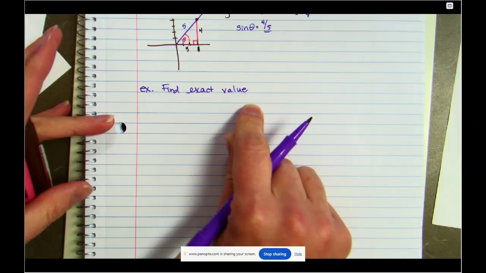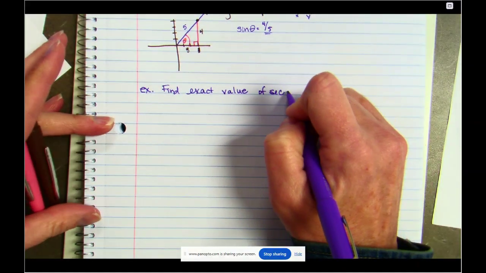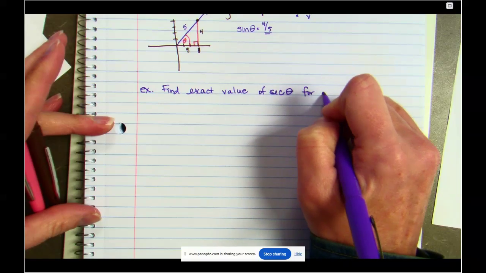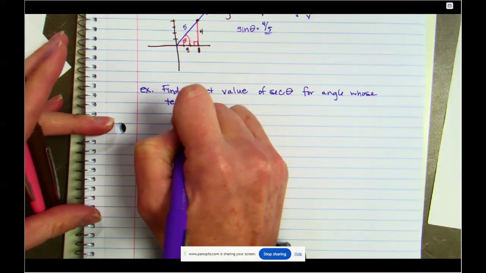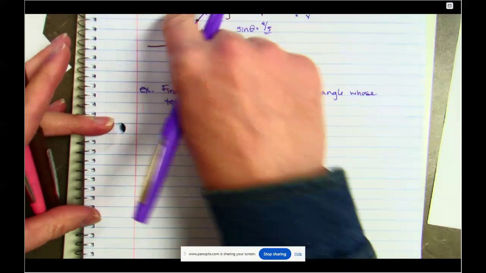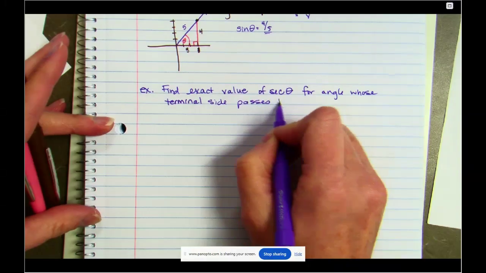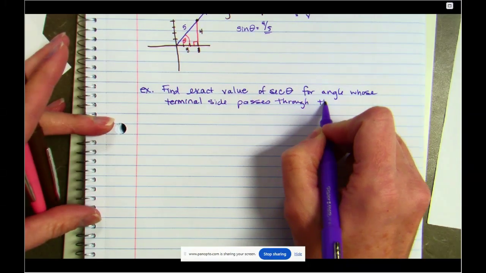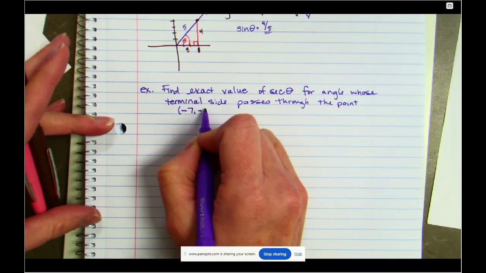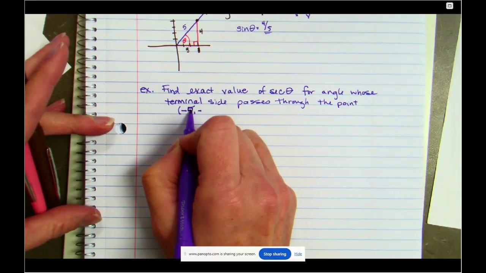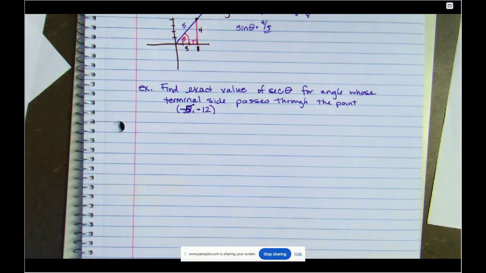Exact value, no decimals, of the secant of theta for the angle whose terminal side, and this is how it has to be worded because you're talking about the end of the angle, passes through the point -5, -12.